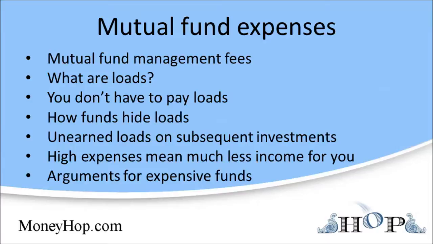Either way, the salesperson generally is compensated by the fund up front for putting you into the fund. The fund recovers the upfront commission through either a back-end load or higher ongoing fees. Remember, you don't have to pay loads. Some of the biggest and best mutual fund families like Vanguard don't charge any loads at all, and they have very low operating expenses. If you're a do-it-yourselfer, contact the mutual fund company directly and save.